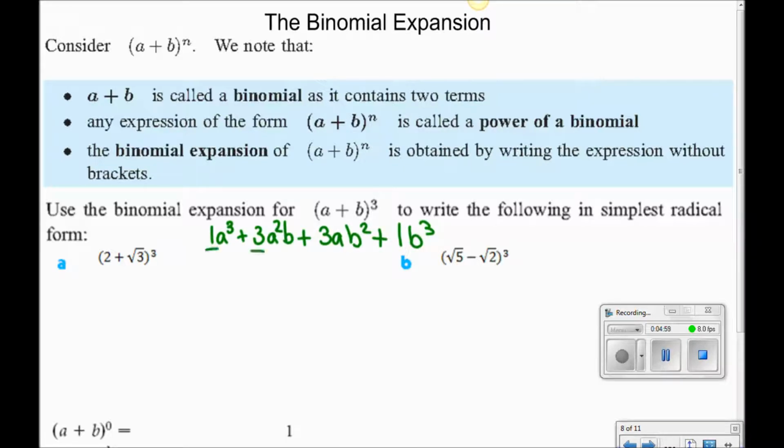Okay, so those coefficients come from Pascal's triangle, and then we start with the highest power for a, and then we end with the highest power for b. So in each term, b gains a power and a loses a power. Okay, so we're going to use that model to expand this binomial. So if we didn't use that model, we would have to multiply this binomial by itself 3 times.